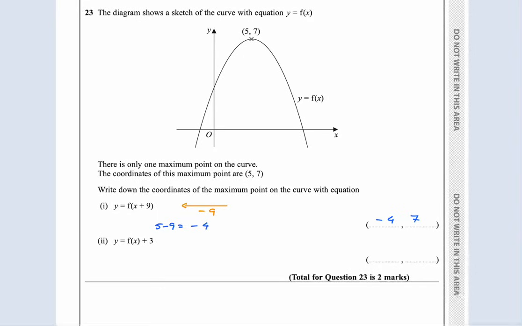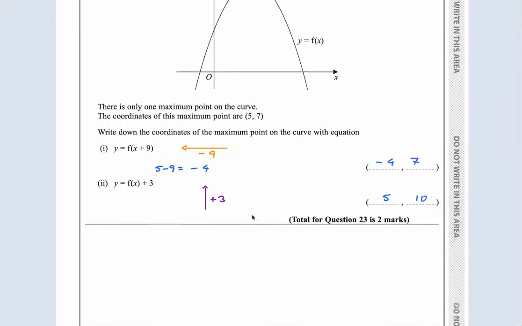This one we just add 3. So we're going up 3. So we just add 3 to the 7 and leave the 5 the same. 7 plus 3 is obviously 10. Okay, only 2 marks, guys, but that's a nice question for everyone.